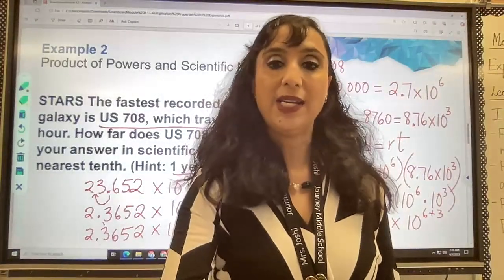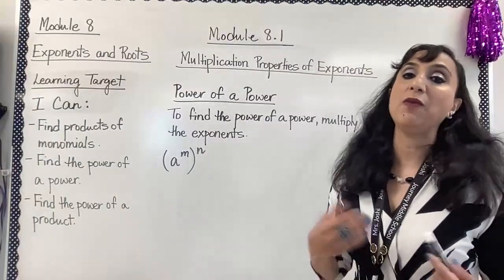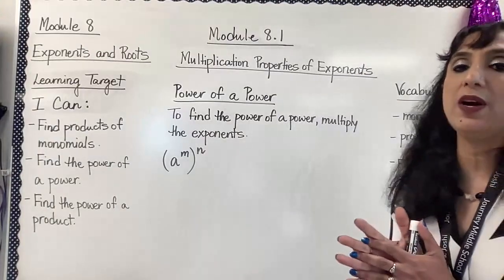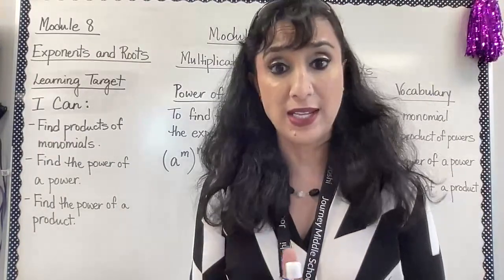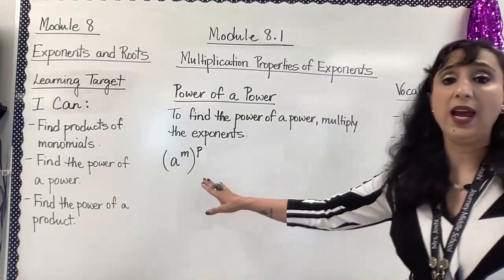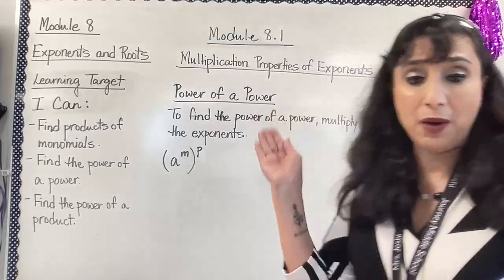Okay? All right. So the next vocabulary word is power of a power. If you're trying to find the power of a power, you multiply the exponents. Let's look at this one: a raised to the m power and the whole thing raised to the p power.